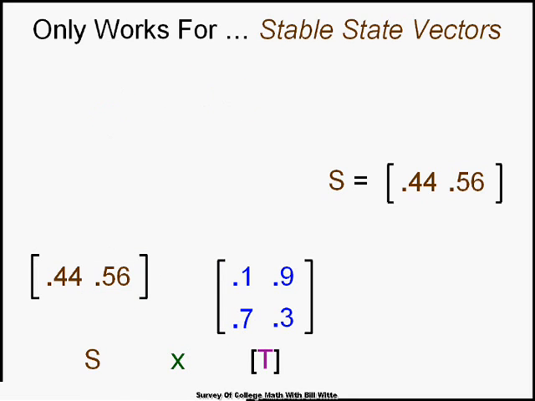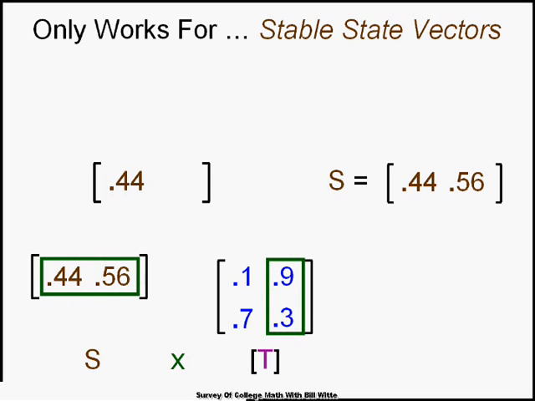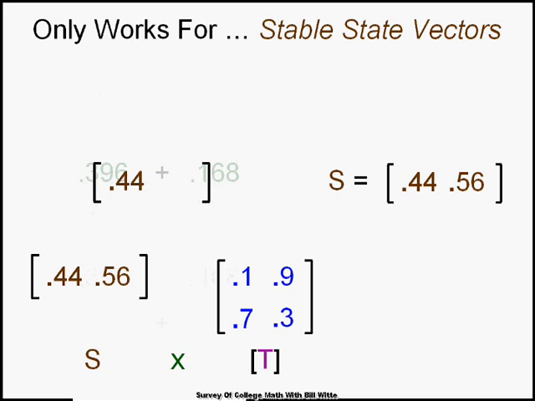It adds up to 0.44. And first row times second column, and guess what we're going to get? It's not going to change it. Ever. No matter how far you go. So that will only work if you have stable state vectors. Surprise, surprise, surprise.